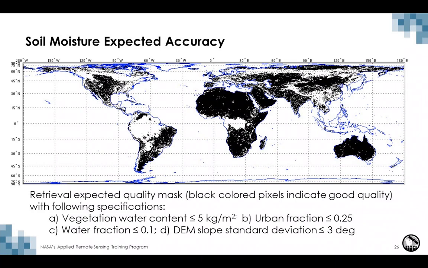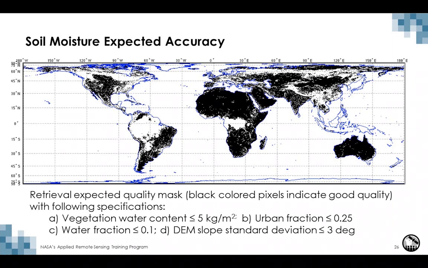Areas where the urban fraction is less than a quarter of your pixel, areas where water fraction is less than 0.1 of your pixel, and the DEM standard deviation is less than 3 degrees. So over these areas is where the mission feels confident that soil moisture meets the mission's accuracy requirements.